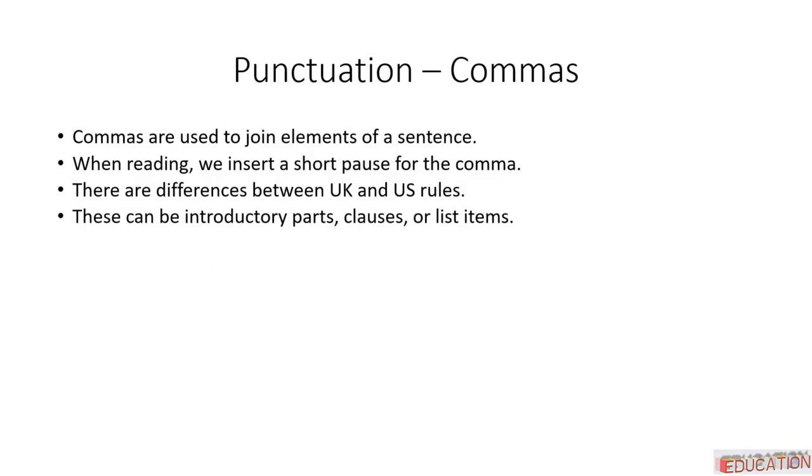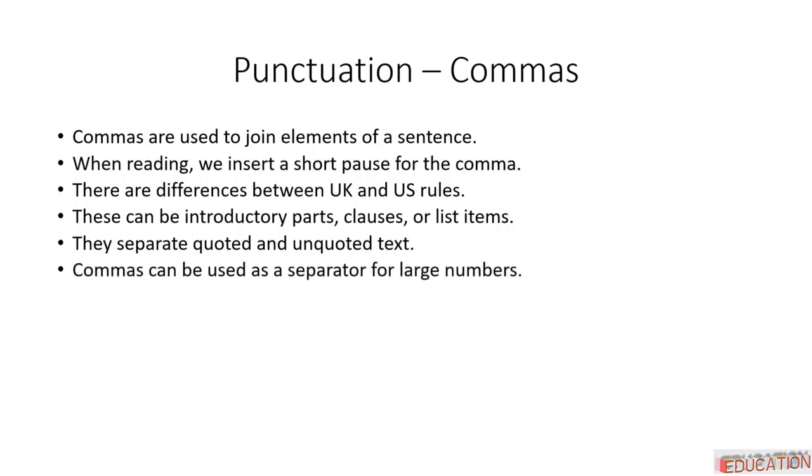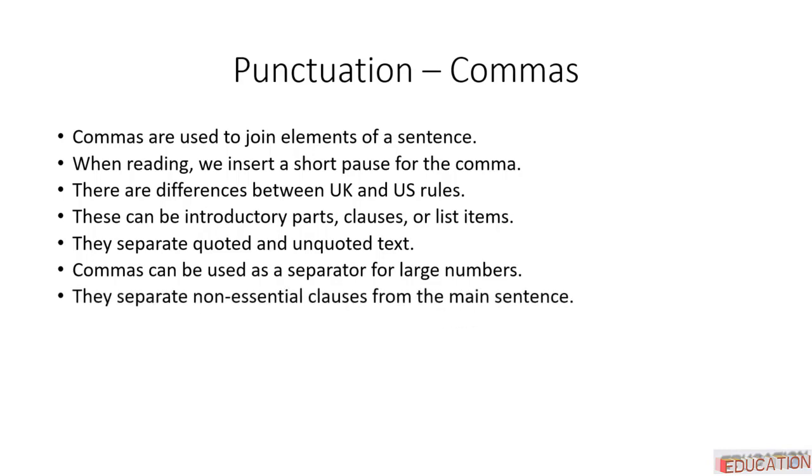Parts of the sentence that we join can be introductory parts, clauses, or list items. We also separate quoted and unquoted text. Commas are also used as a separator for large numbers. And they separate non-essential clauses from the main sentence.